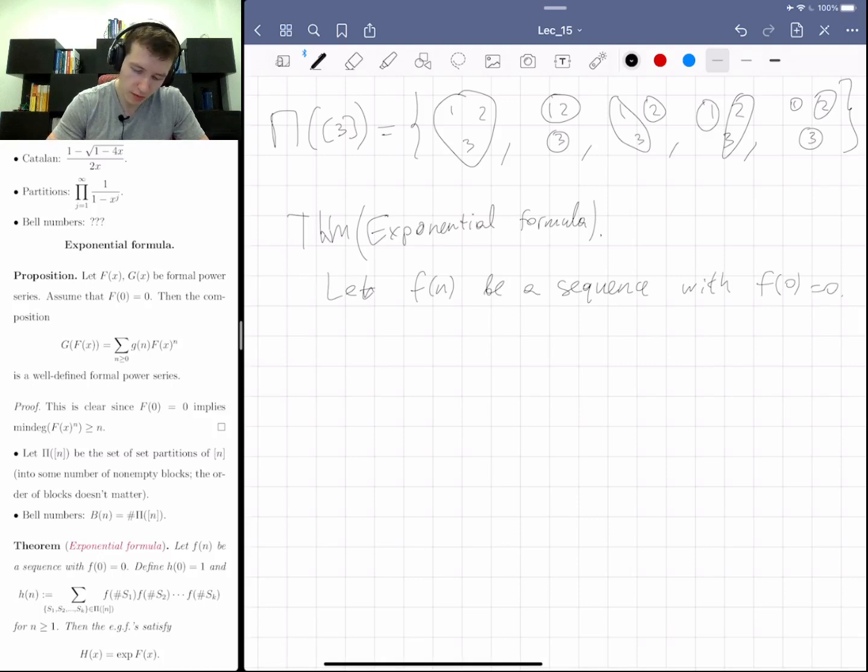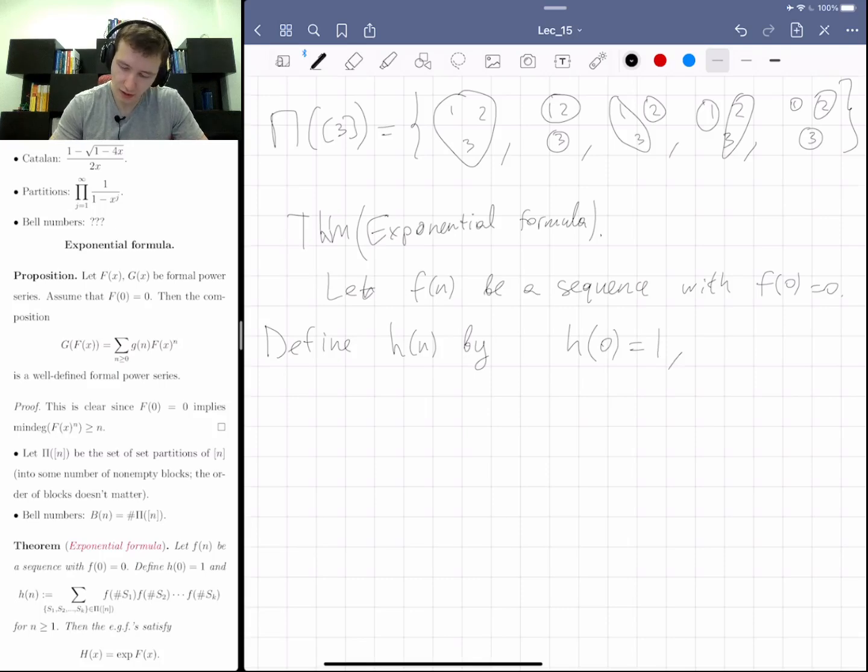And then what I'm going to define is another sequence, h of n, where h of 0 is equal to 1, as you would expect from an exponential function.